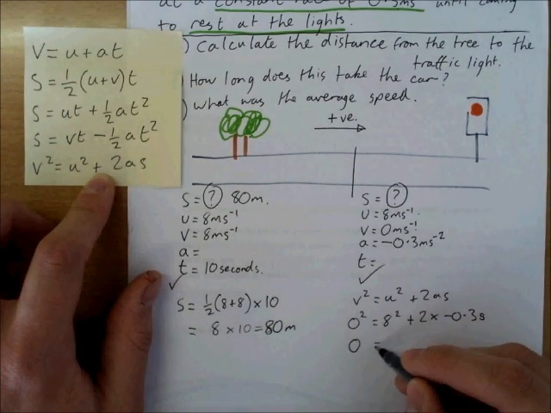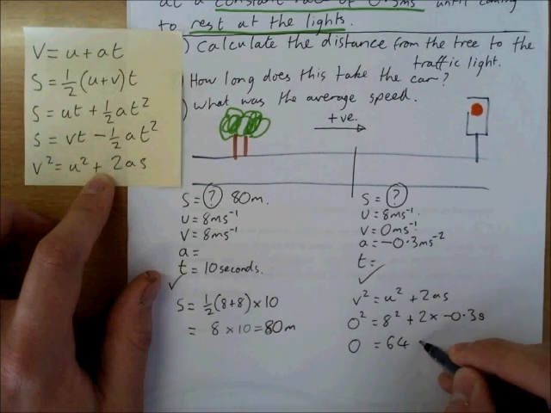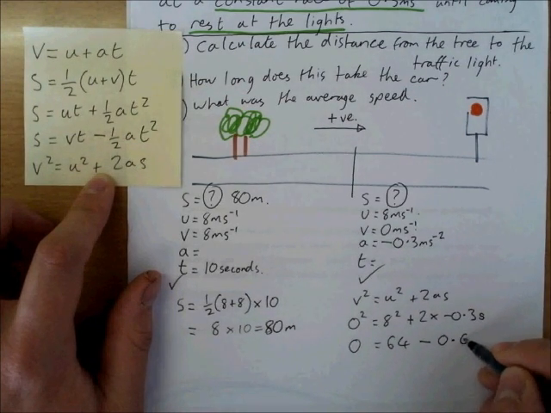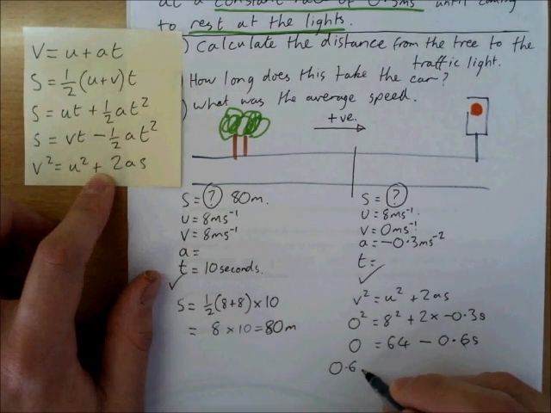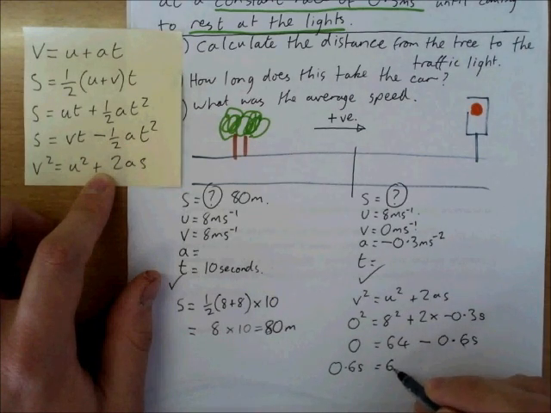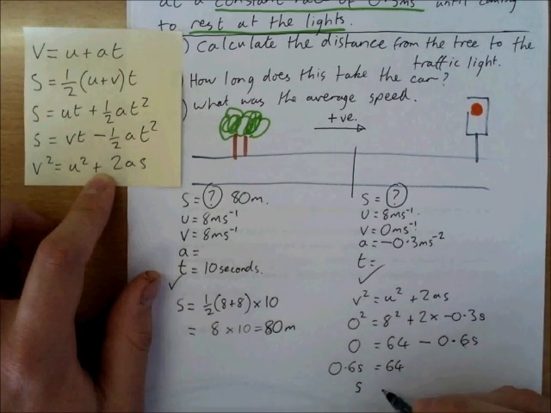And we now need to rearrange that. 0 equals 64 minus 0.6s. And if I pull that over to the other side, we've got 0.6s equals 64.